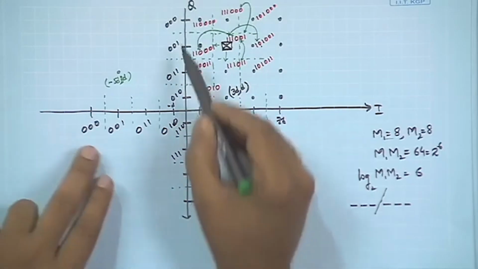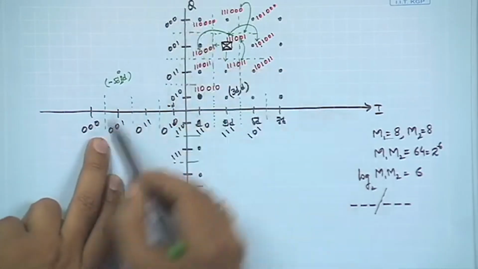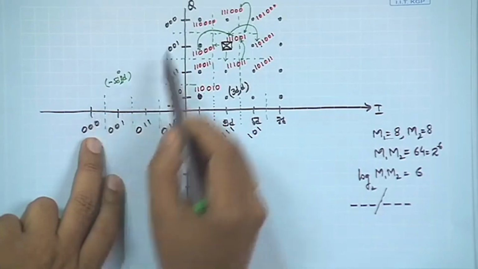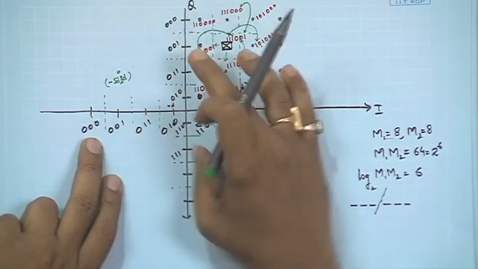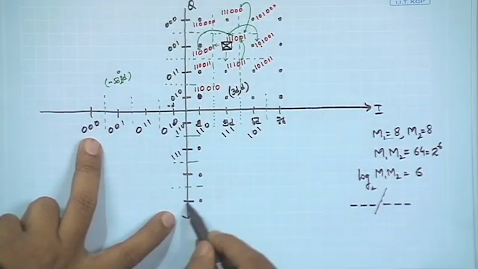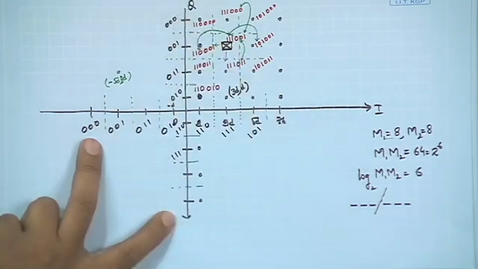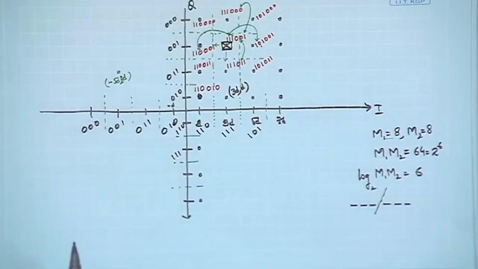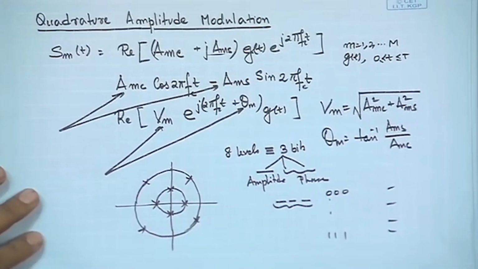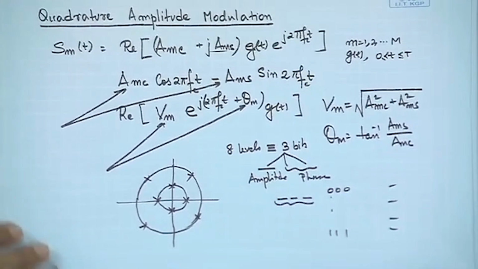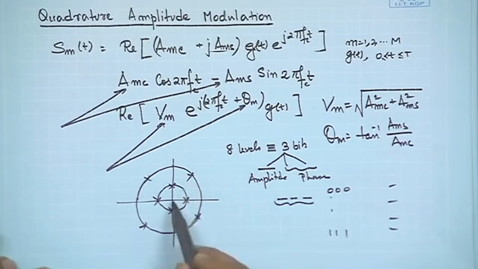You may note that in this particular diagram I have reversed the order. So, 0 0 0 maps to minus 7d, but here 0 0 0 maps to 7d. It could be reversed, and I could start from 0 0 0 here and end up with some other number over there. So, that means that there is a lot of simplicity in decoding, whereas if you are choosing this kind of a constellation, there is no straightforward simple way of mapping amplitudes and phasors or the reverse direction of demapping.